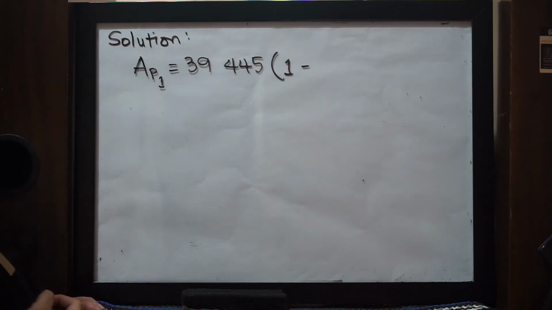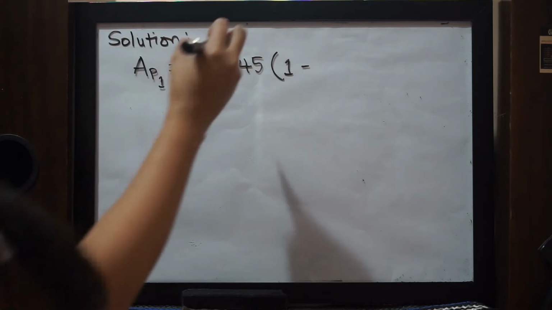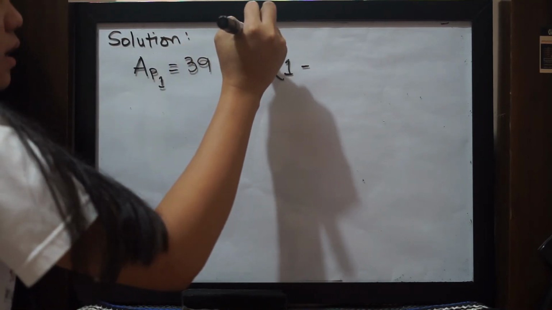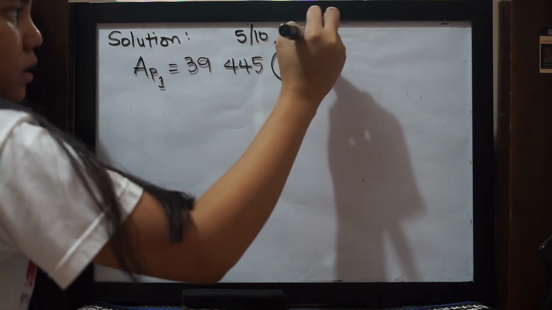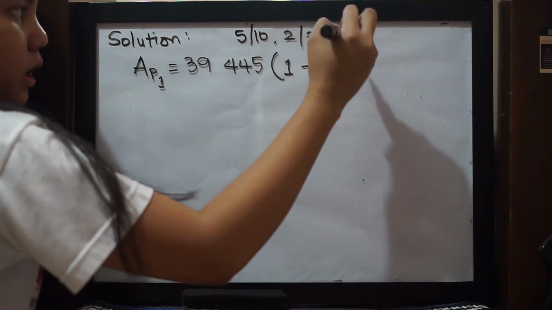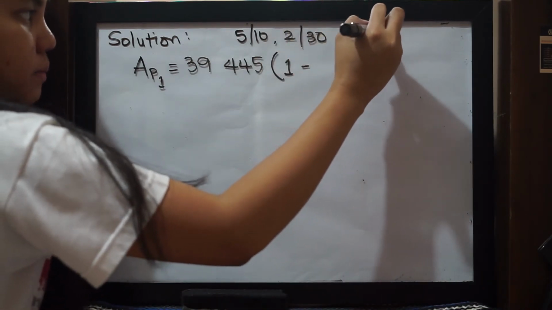So we must identify what discount rate is applicable for the invoice number 1. So, going back again, our terms of discount is 5, 10, then 2, 30, and 60.